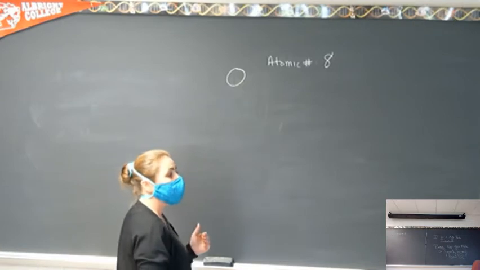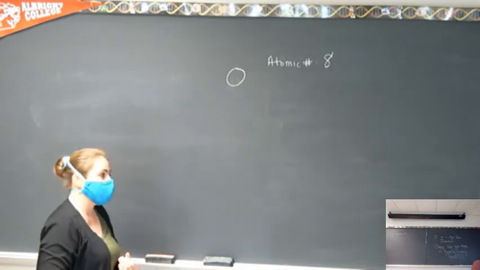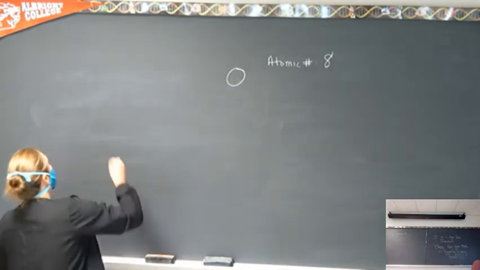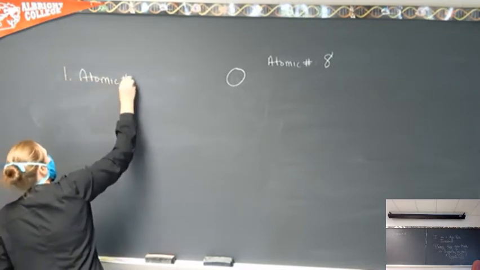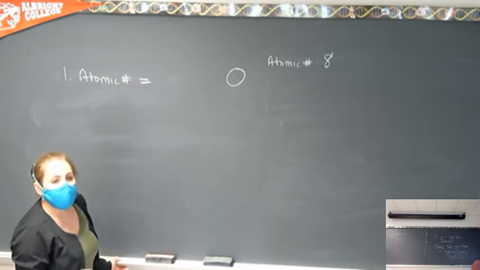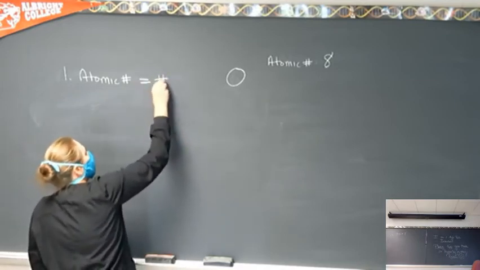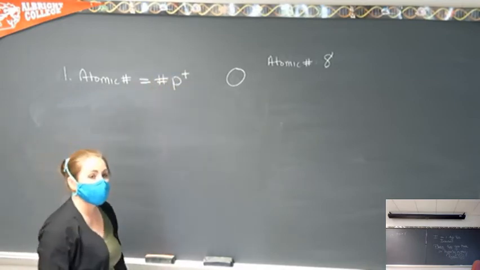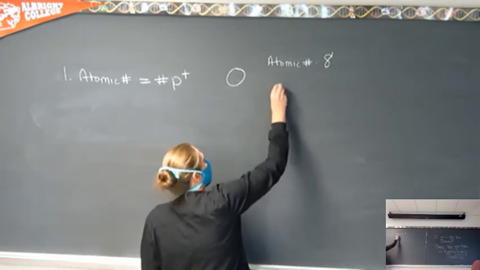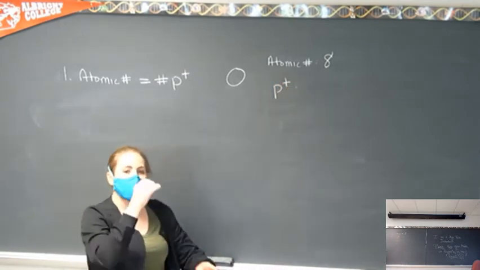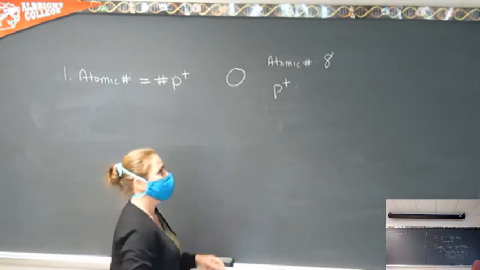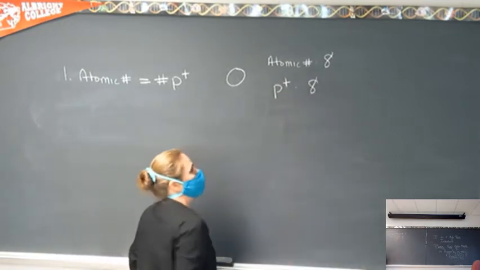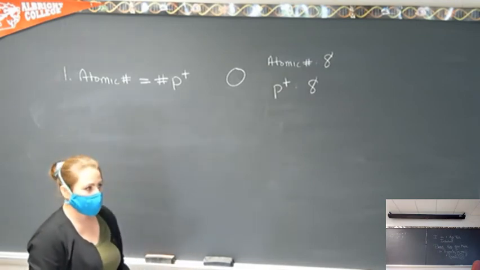If we look at the rules, and again, if you didn't watch the first video, it's going to be a little bit difficult, the first rule says that the atomic number also equals the number of protons. So for oxygen, and I'm using P plus because protons are positive, there are 8 protons in this atom.